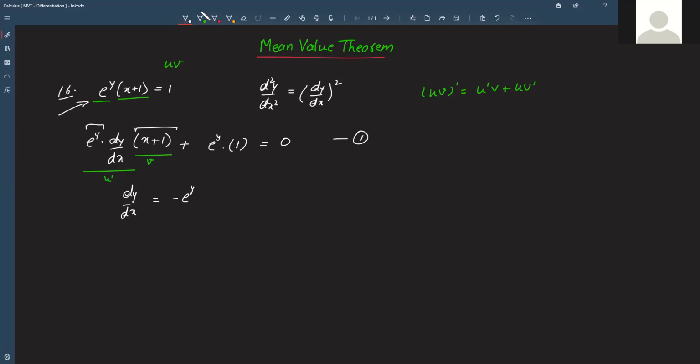And now if I differentiate it a second time, d square y by dx square is equal to minus, take minus out, e to the power y as it is, and dy by dx.